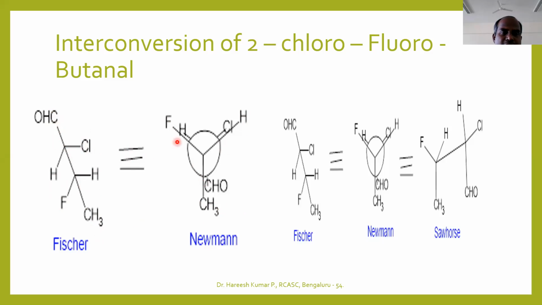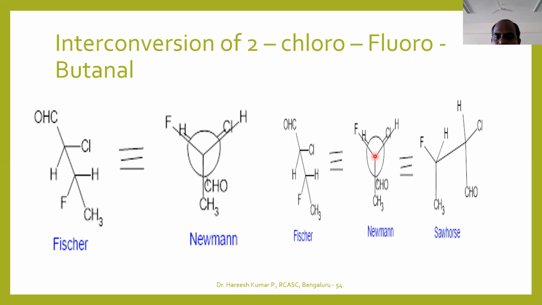And this is on the right hand side, Cl. And this is on the left hand side, this is H. This is how you can convert a Fisher projection formula into a Newman projection formula.